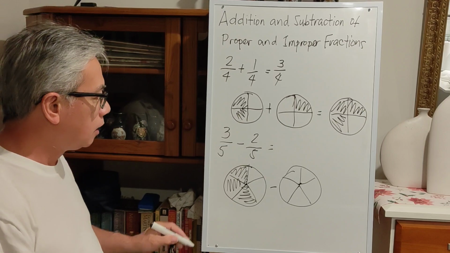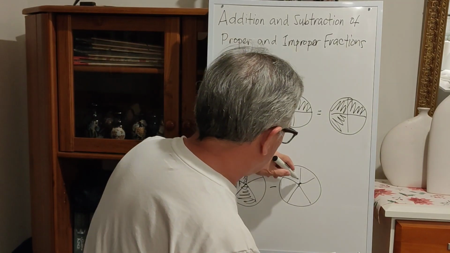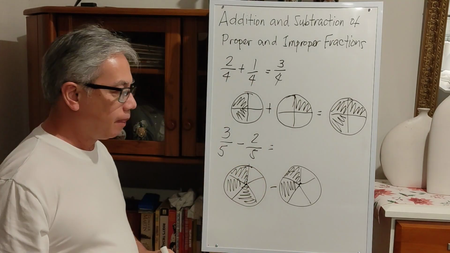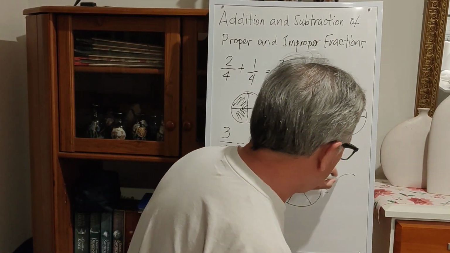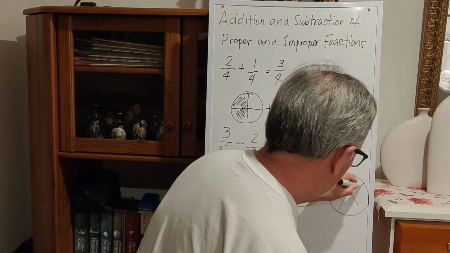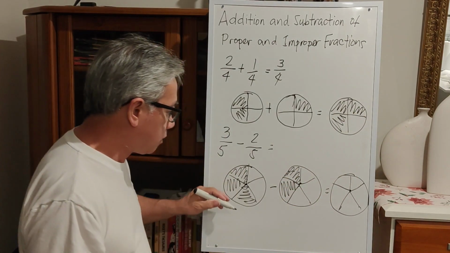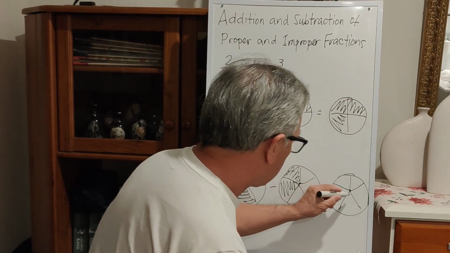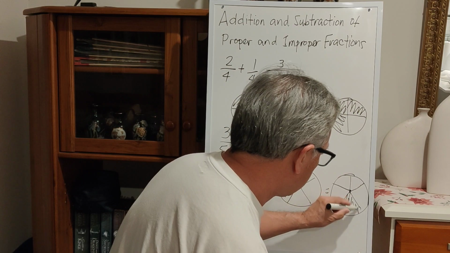We subtract 2 over 5. So we just shade 2. So this is 2 over 5. The answer will be, so we subtract 3 minus 2. The remaining one will be just this one.